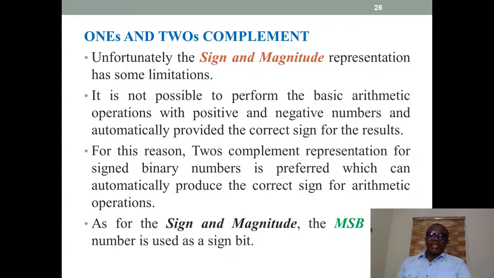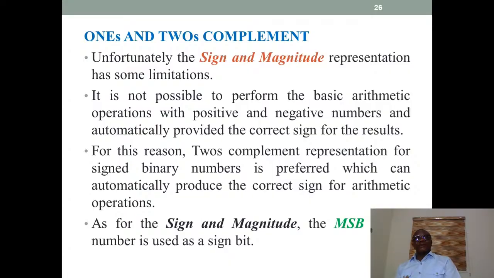Unfortunately, the sign and magnitude representation still has some limitations. It is not possible to perform the basic arithmetic operations with positive and negative numbers and automatically provide the correct sign for the results. So for you to be able to do that, you have to do something in addition.